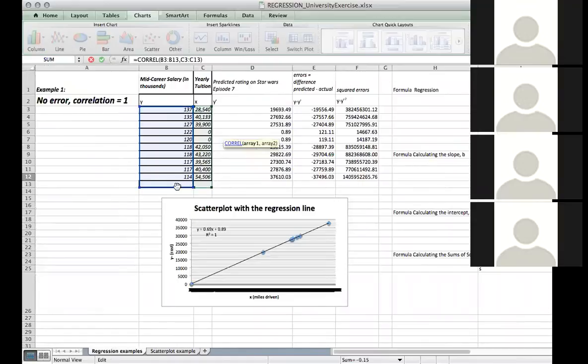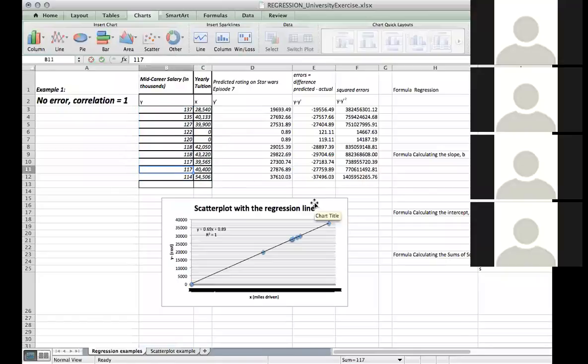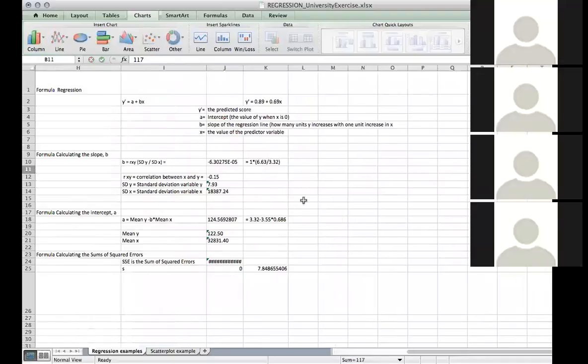Oh, I got to adjust this, to make sure you get the right formulas. Correlation is B3 to B12 and C3 to C12, right? So we got to adjust it. We did that. Okay, that's good. So we have here a very small correlation.